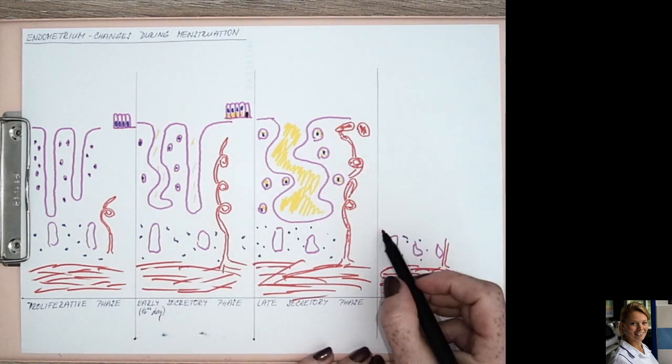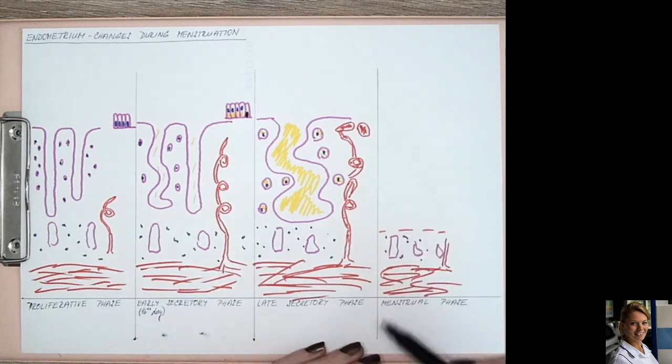So this epithelium also needs to be formed. So we described the schemes.